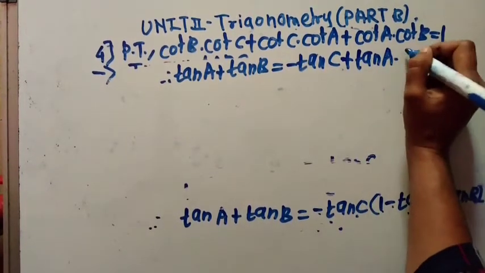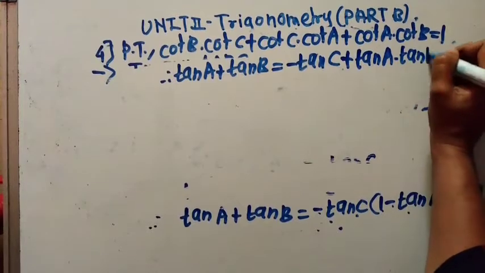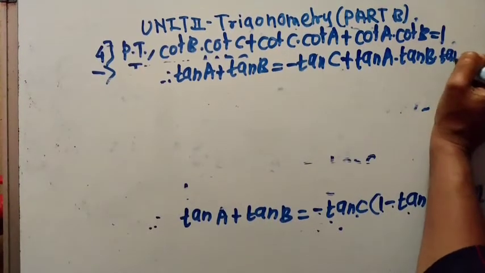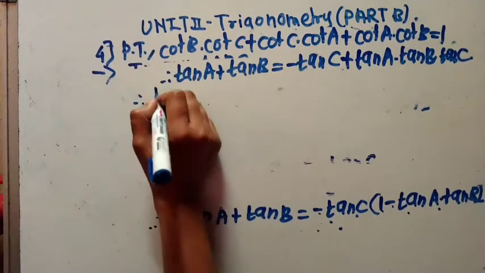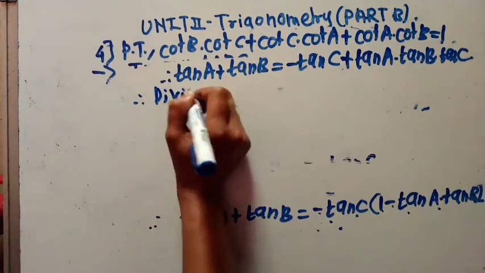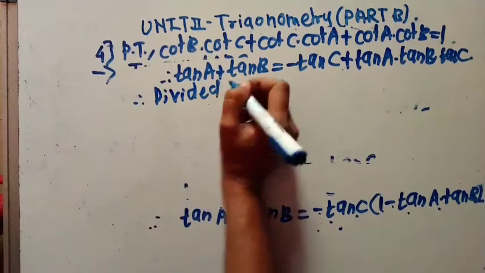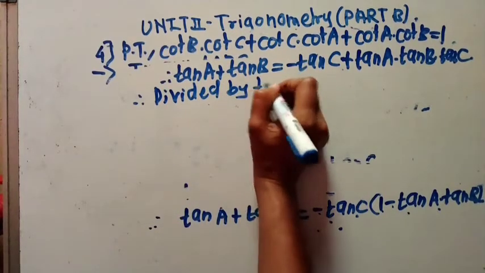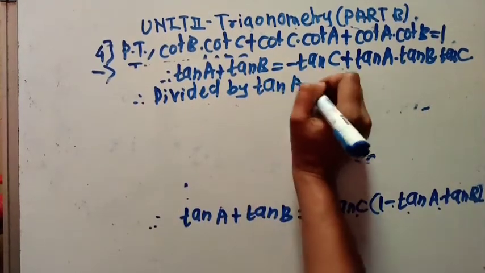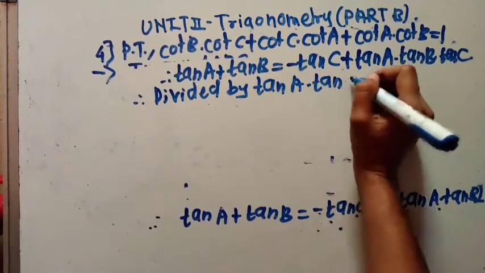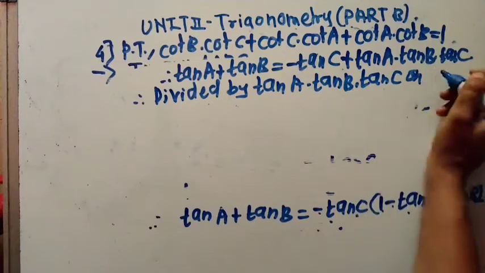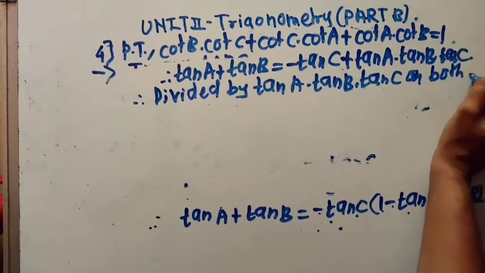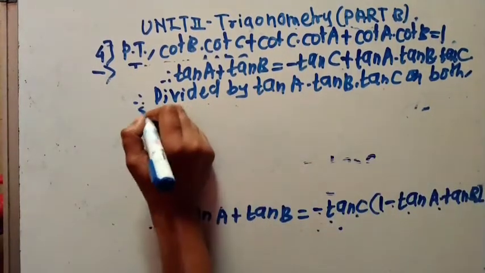Tan a into tan b into tan c. Hence this is divided by tan a into tan b into tan c on both sides.